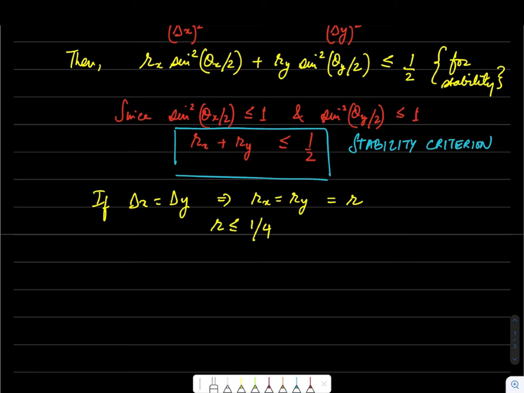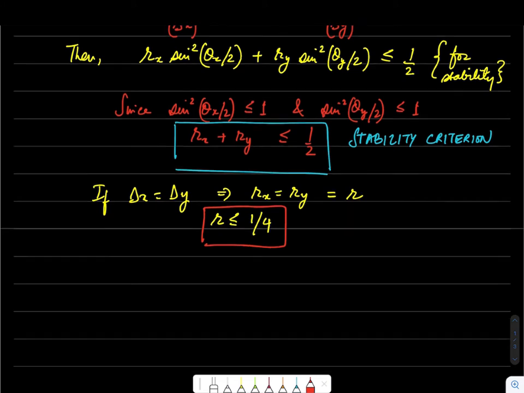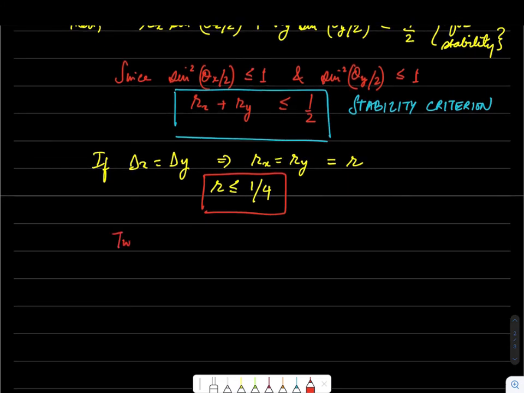If I plug in r here, I'll get r plus r, which is 2r. 2r is less than or equal to 1 by 2, and so r is less than or equal to 1 by 4. Now what do we learn from this? What we find out is that the stability criterion is twice as restrictive as it was in the 1D problem.